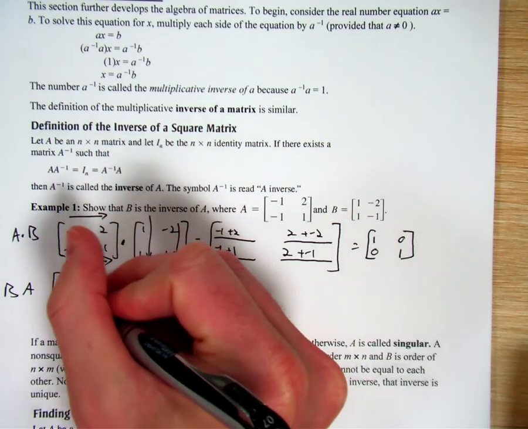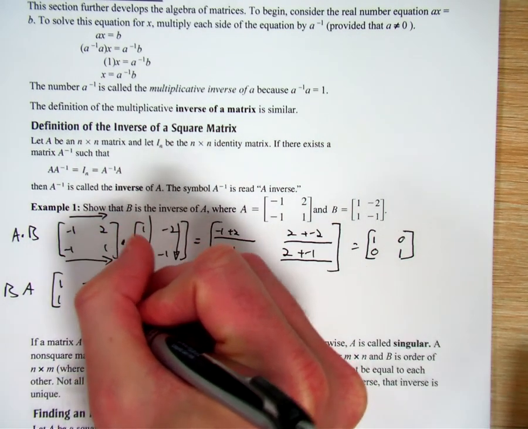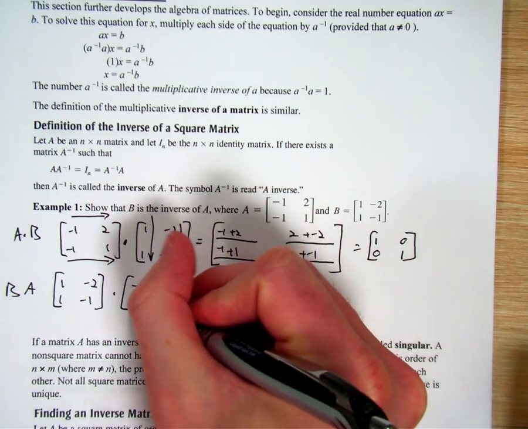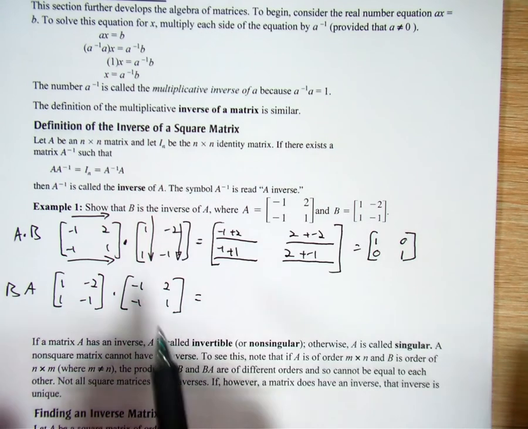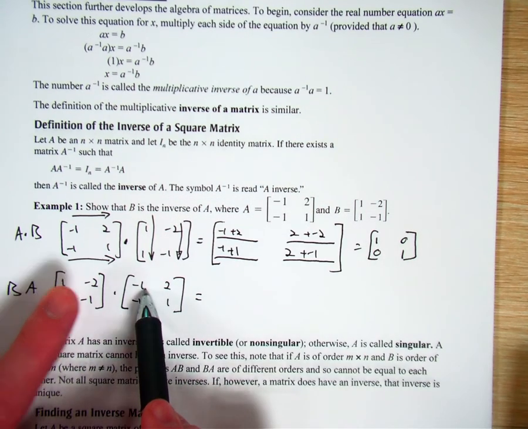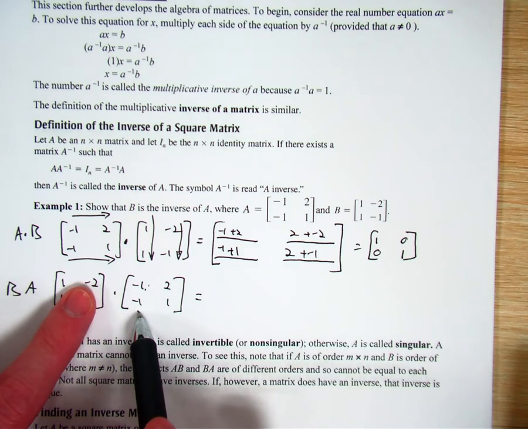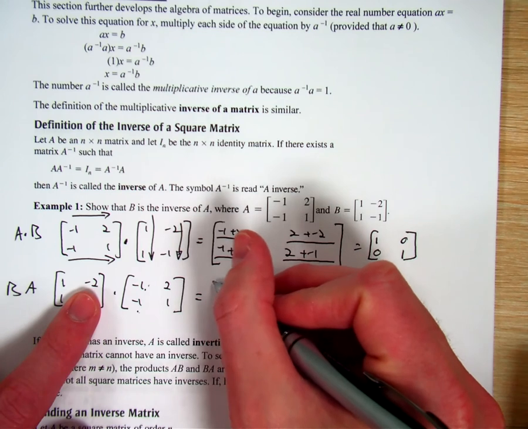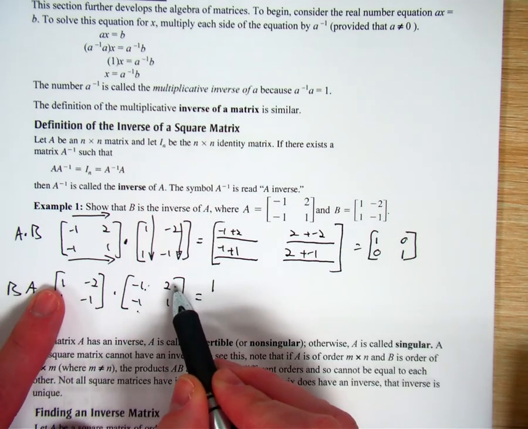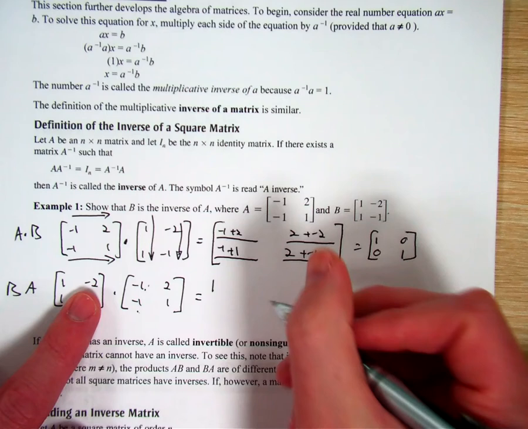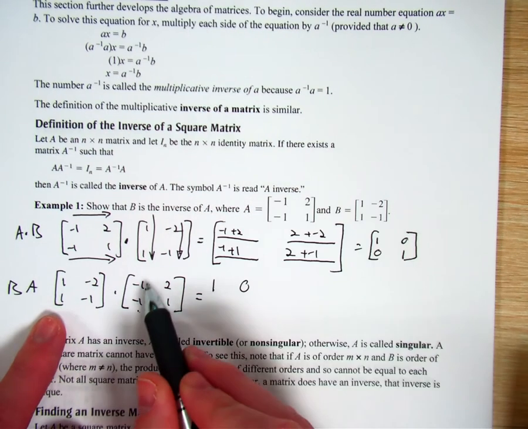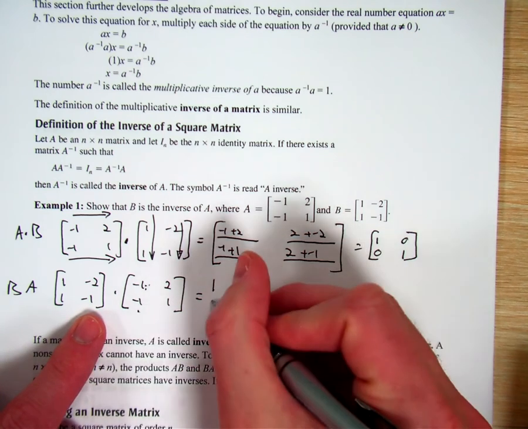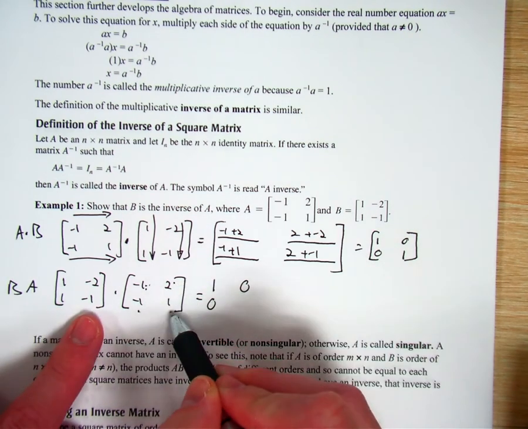So with B in front, 1, negative 2, 1, negative 1, negative 1, 2, negative 1, 1. Okay, we'll have 1 times negative 1 for negative 1, negative 2 times negative 1 for positive 2, negative 1, positive 2, 1. 1 times 2 is 2, negative 2 times 1 is negative 2, that'll be a 0. 1 times negative 1 is negative 1, negative 1 times negative 1 is positive 1, those would add to 0. 2 and a negative 1 is 1.